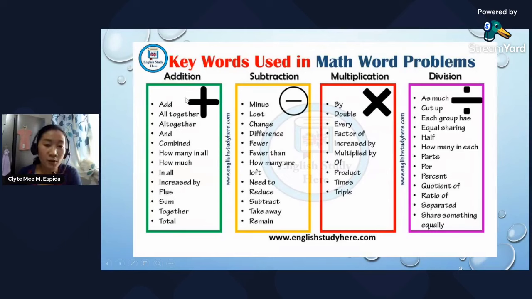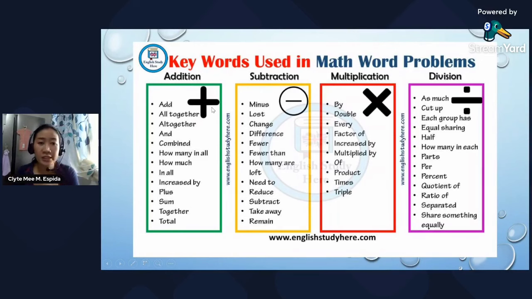So keywords for addition. When you see the words add, all together, combined, how many in all, how much in all, increased by, plus, sum, together, or total, that means addition.